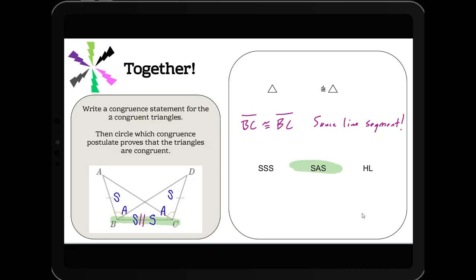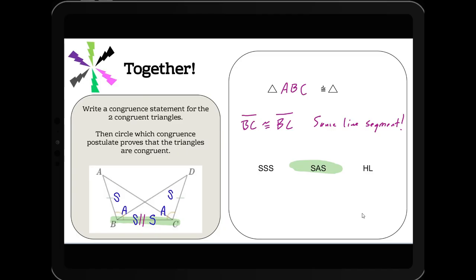Now, remember what I said about congruent statements. The order matters. However, when you write out the congruent statement, the first three letters of your triangle usually won't be as picky, because if you start off with ABC or ACB or BCA, doesn't matter.